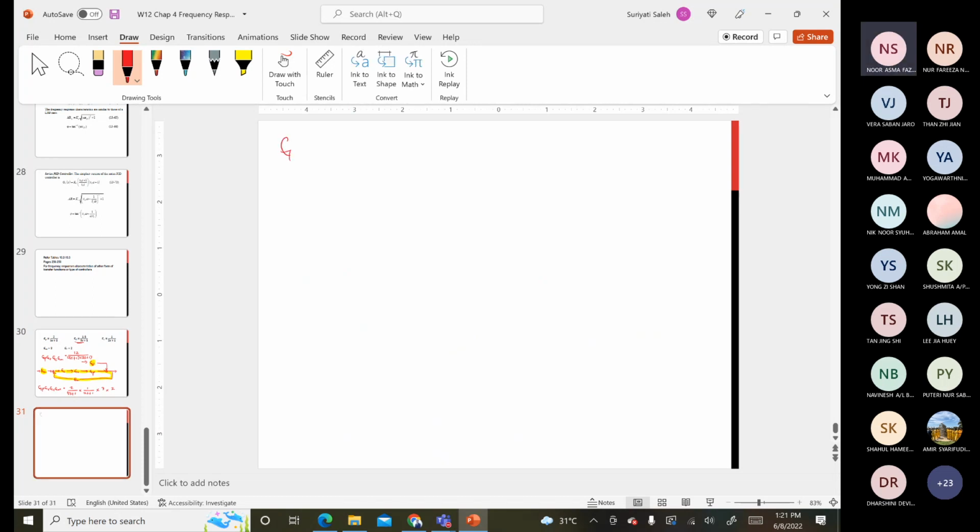So I put G equal to GP, GV, GC, GM equal to 12 over 5s plus 1 and 2s plus 1. So we have it like this.